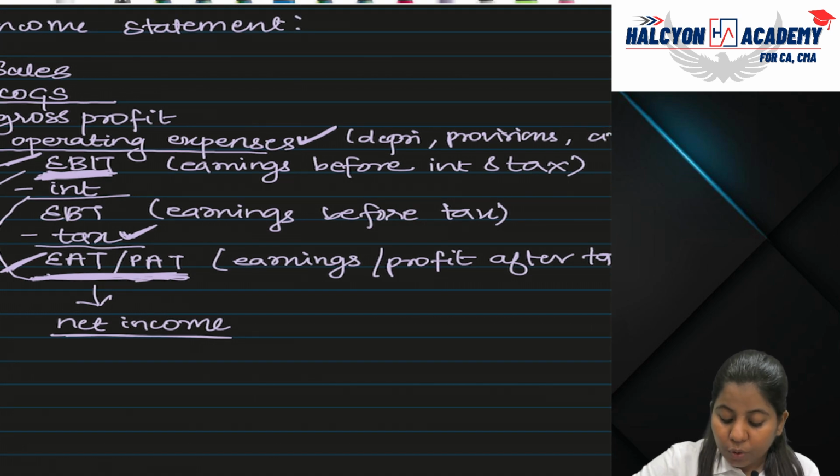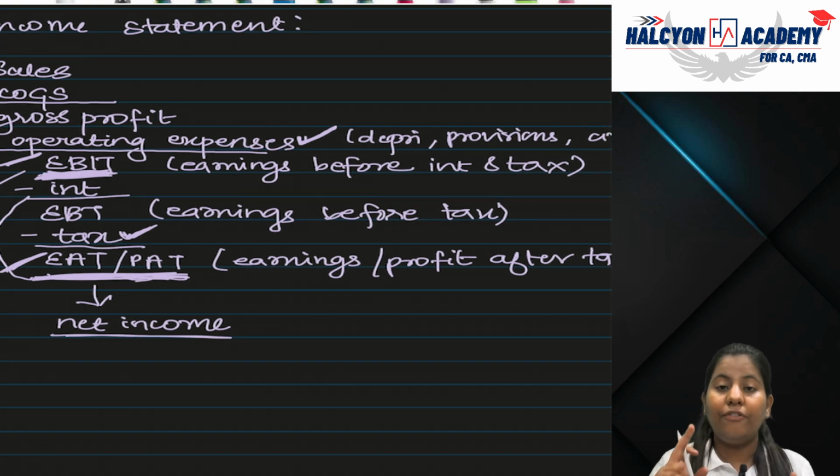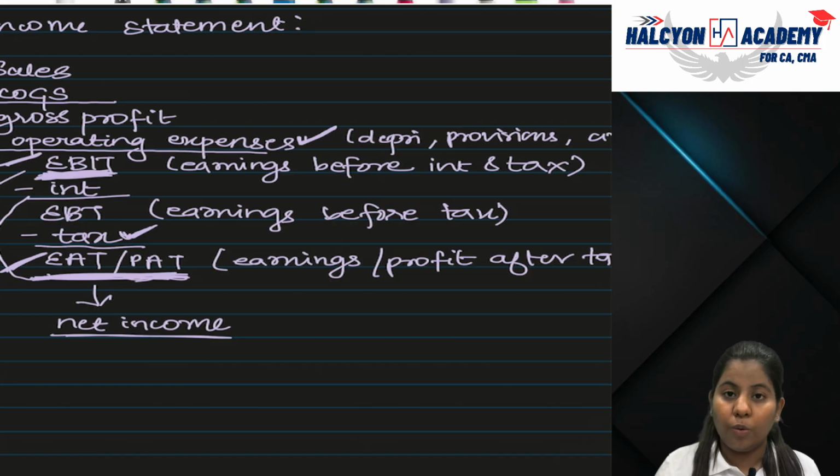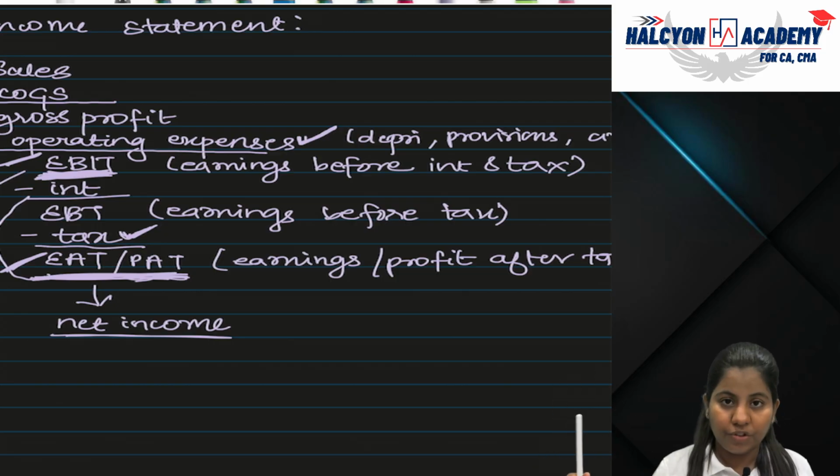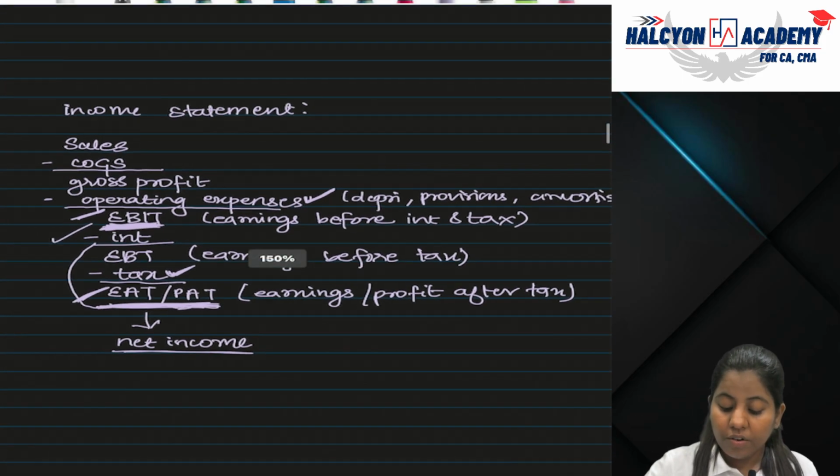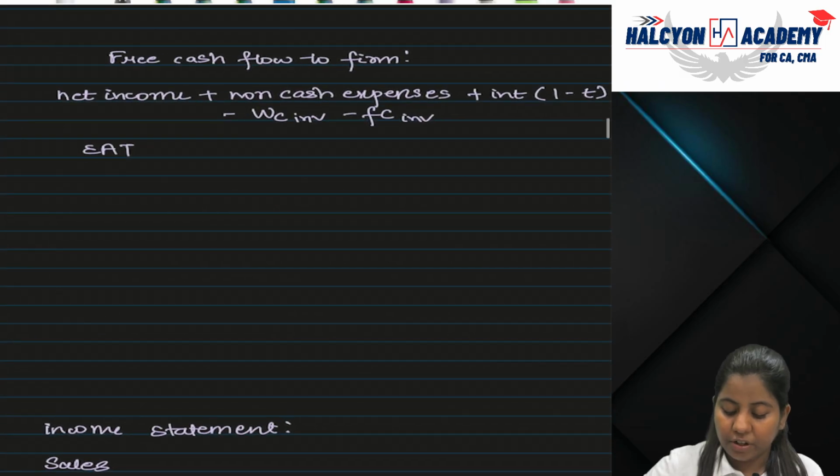So we have to add interest first, because we want to know how much is available for debt holders. We don't pay principal to the debt holders, we pay interest to them, right? So we have to add interest first.